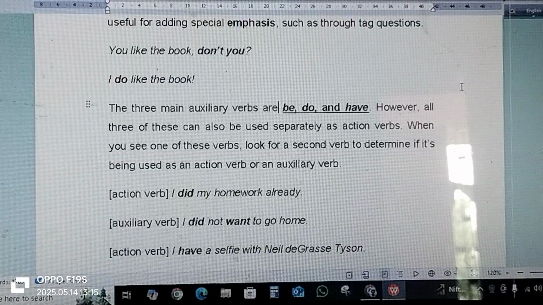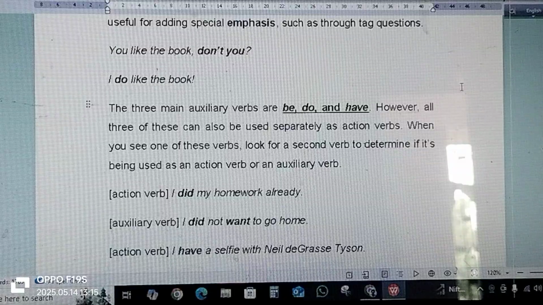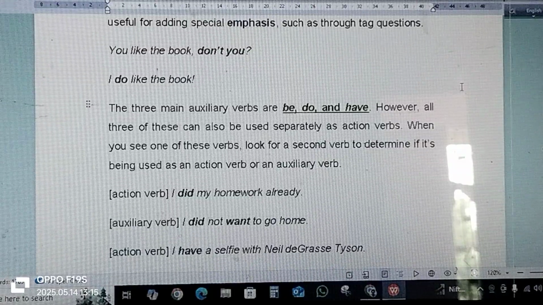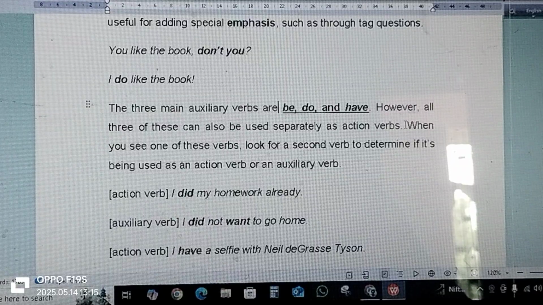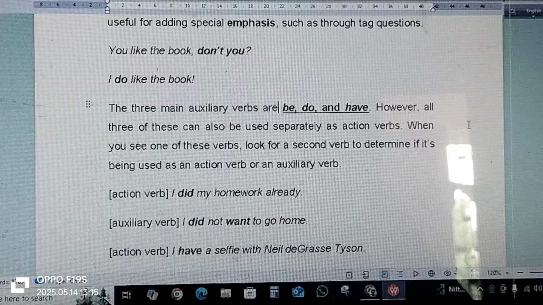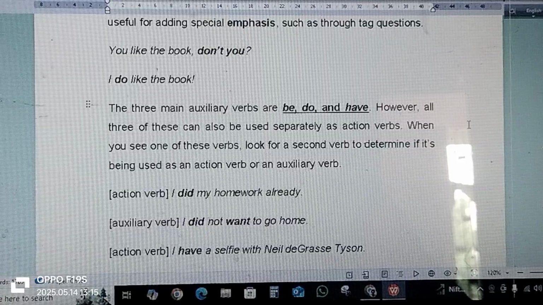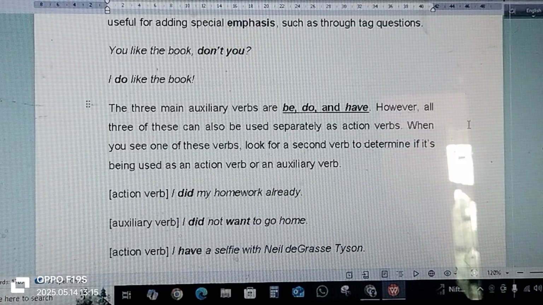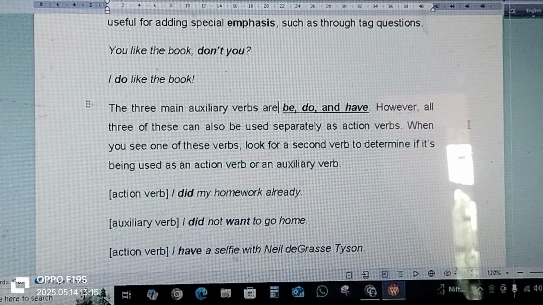And have is used in two forms: have and had. However, all three of these can also be used separately as action verbs. As I said earlier, these auxiliary verbs can be used as action verbs or main verbs. When you see one of these verbs, look for a second verb to determine if it's being used as an action verb or an auxiliary verb.